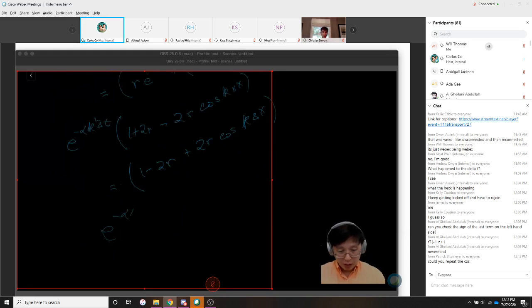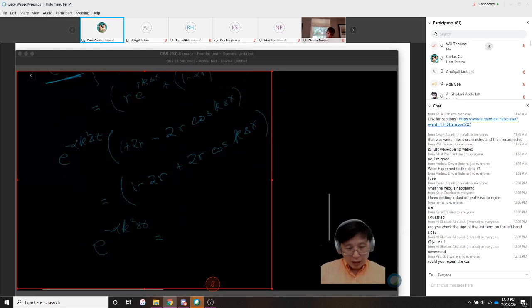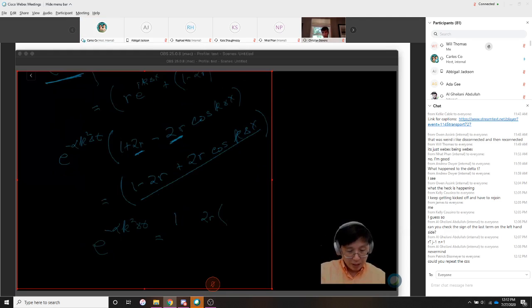So e to the minus alpha k squared delta t, right? It's going to be equal to what? Now, if we look at this, there's a 2r there, right? So maybe we can factor that out, right? So let's look at this one first. That's going to be in the numerator. So it's going to be 1, and then we're going to have a 2r, right?